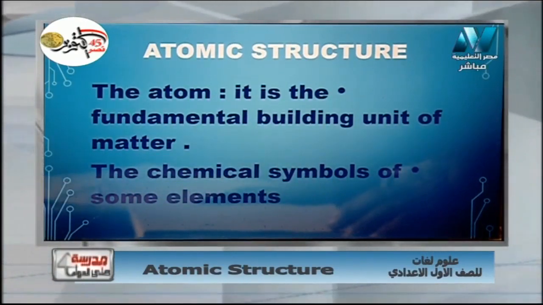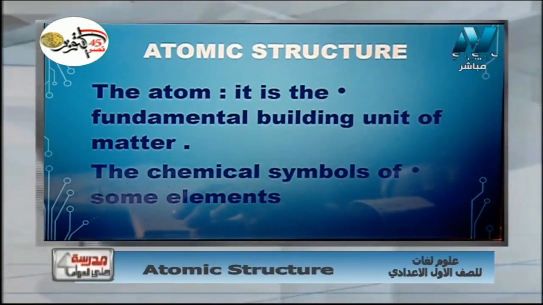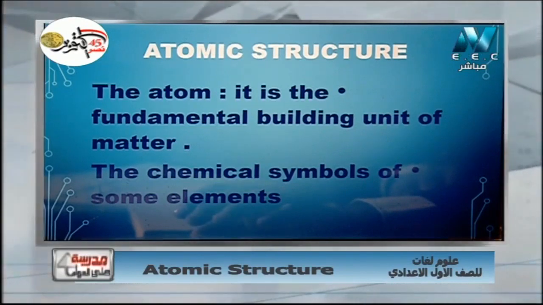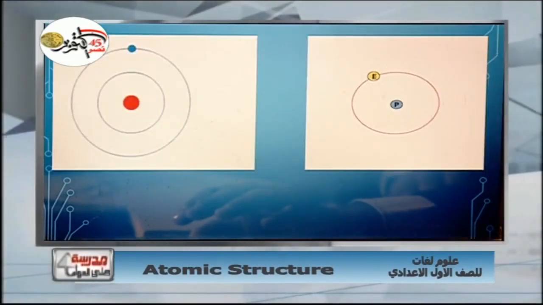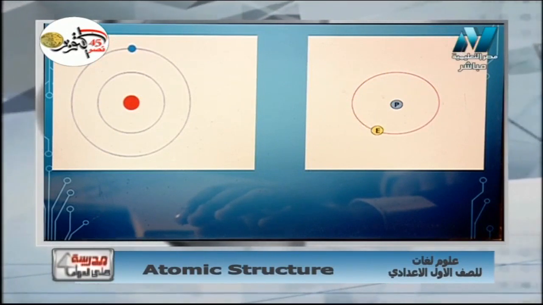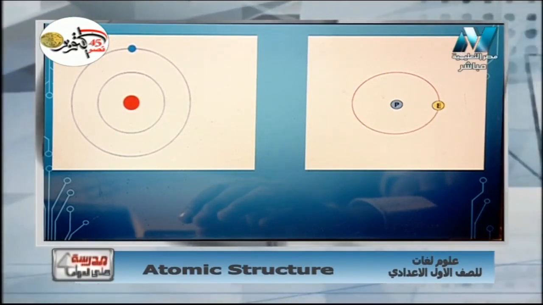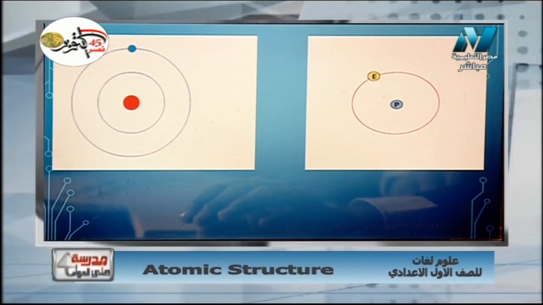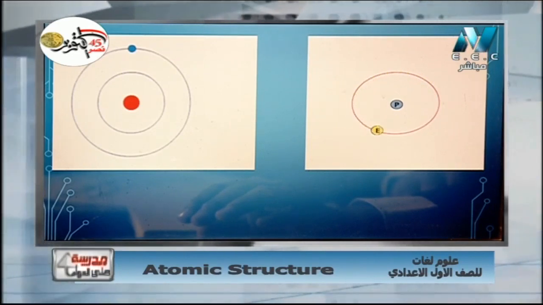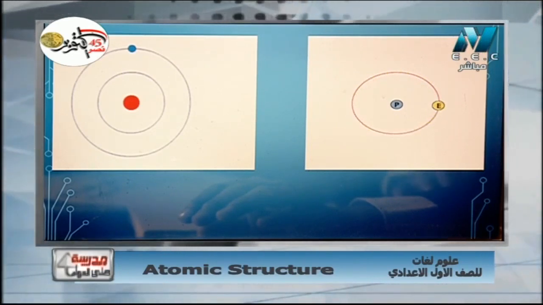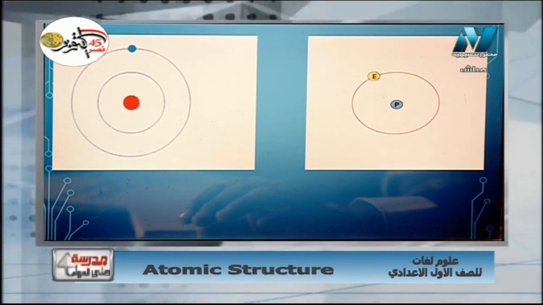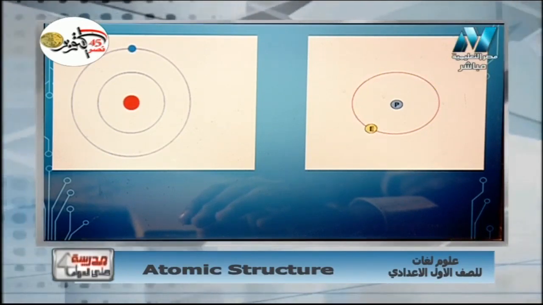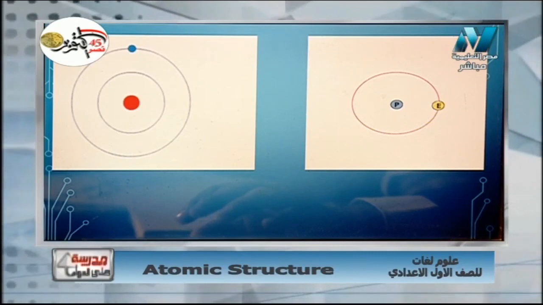Let's now talk about the chemical symbols of some elements. As you see, my dear student, this is the atom. Inside the atom there is a nucleus, and around the nucleus there are some electrons that revolve with high speed.